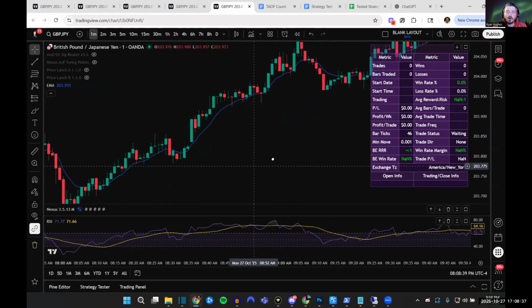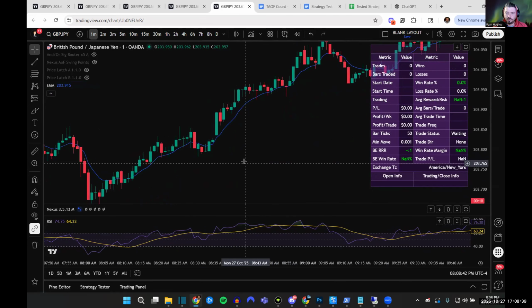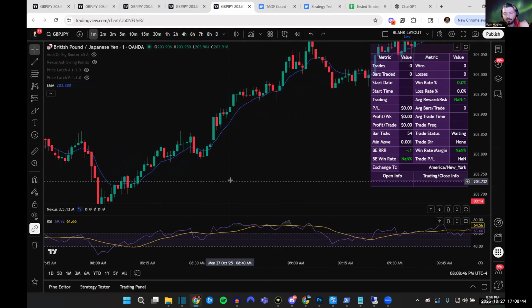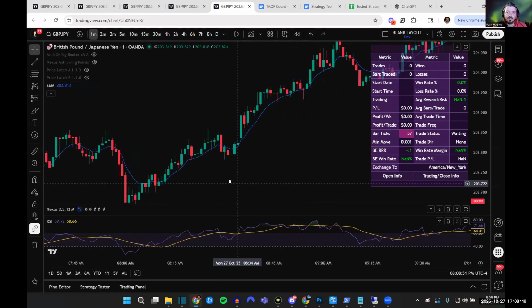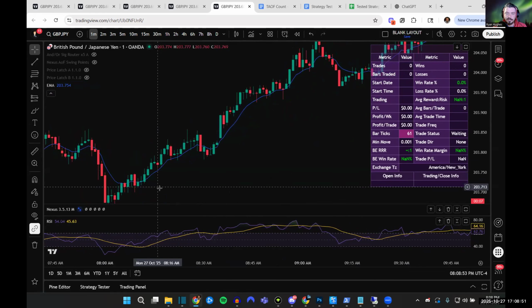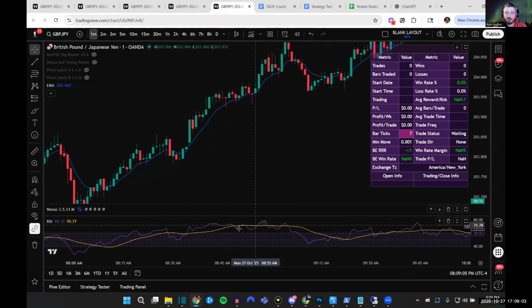So a often dirty little trick is to use the RSI as a momentum indicator versus using it as a reversal indicator. So in this particular case, we're going to say that when price is crossing up above the 9 period EMA and the RSI is above the 60 level, we're looking for a long trade entry.